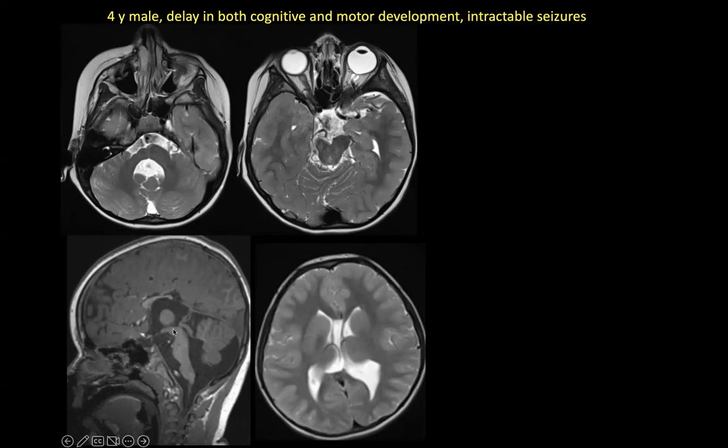Look at the patterning defect and the dysmorphism of the brainstem, small cerebellum, and then going up in the cerebrum, the basal ganglia appear normal in size but rotated, probably because the white matter is abnormal, and there is clear perisylvian bilateral polymicrogyria.